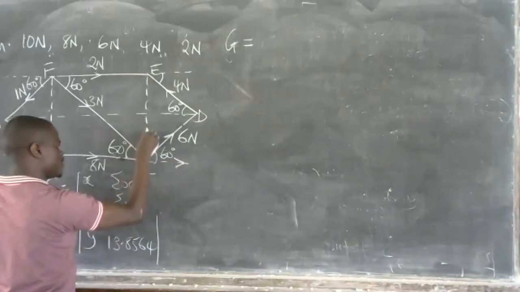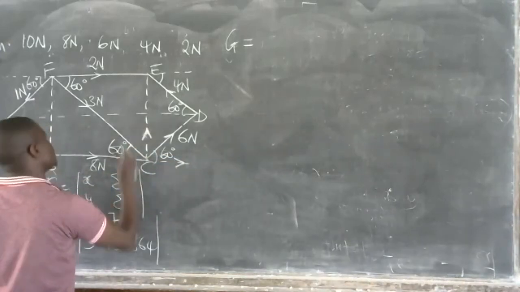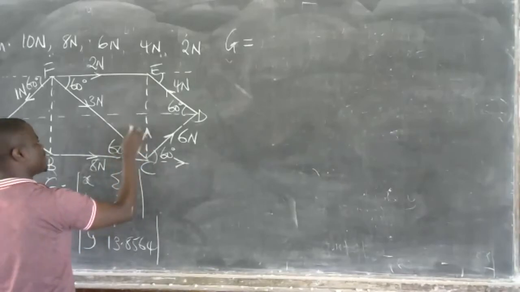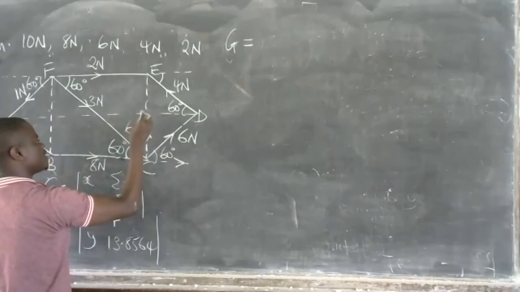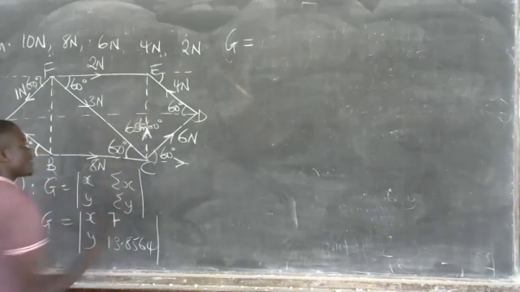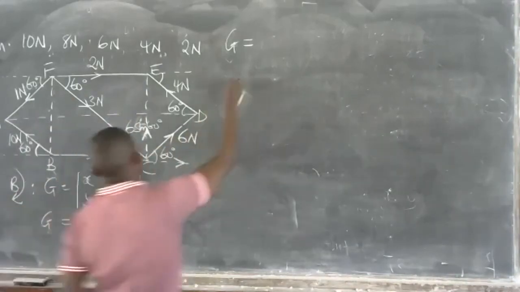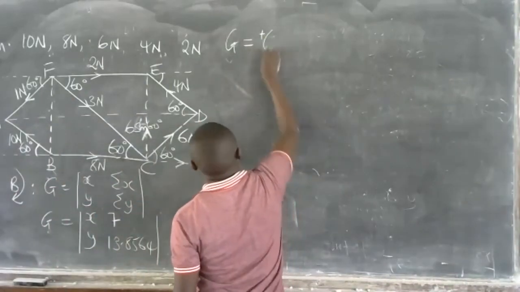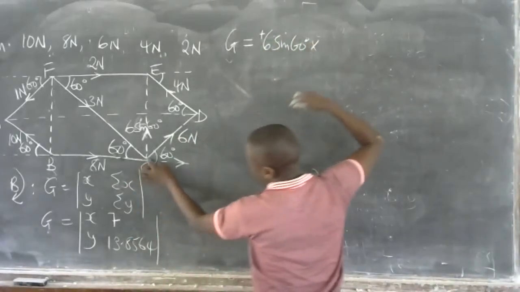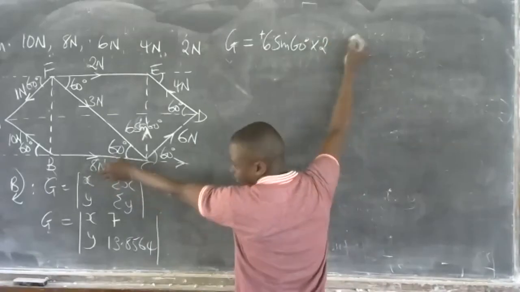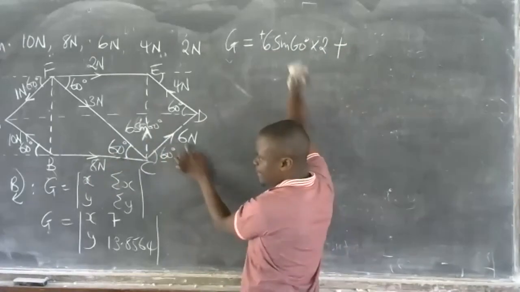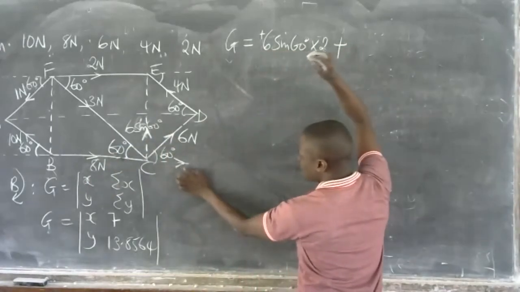So we have only this, 6 sin 60 degrees. And it is anti-clockwise, therefore positive. So I'll say positive 6 sin 60 degrees times the perpendicular distance, which is BC, and they gave to us 2 units. Plus, the 6 is done. This horizontal component has no moment.